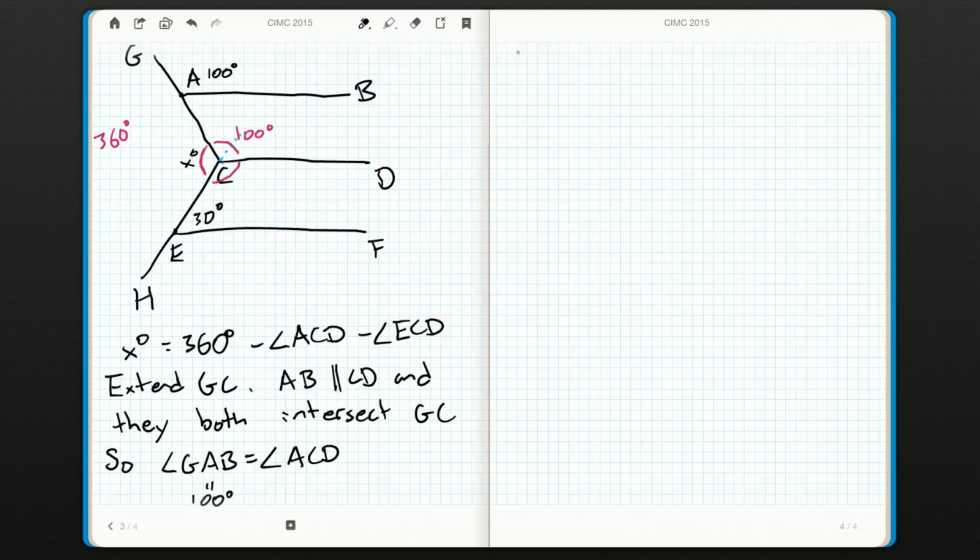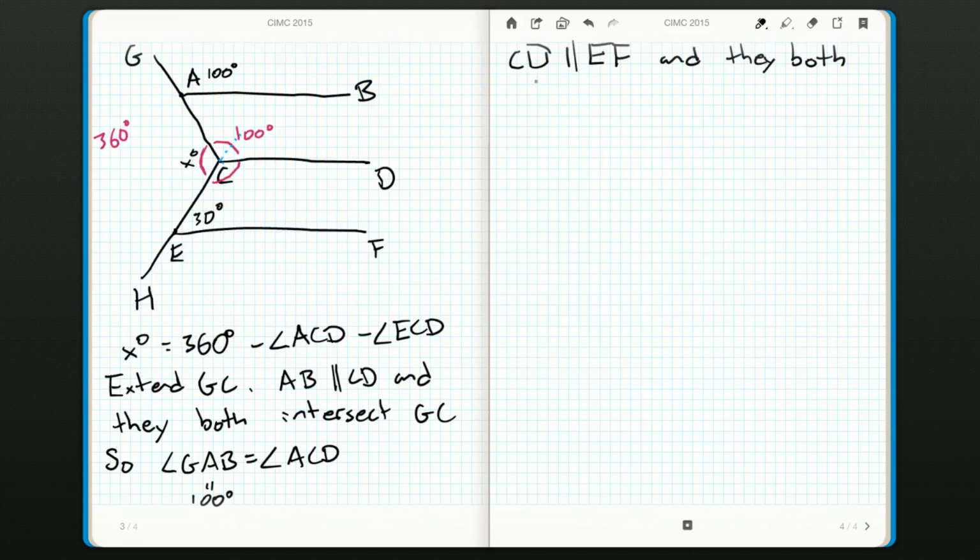CD is parallel to EF, so that's how we write that, and they both intersect line CH. So, for example, angle HEF is going to be the same as angle ECD.